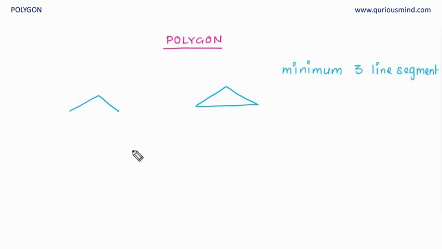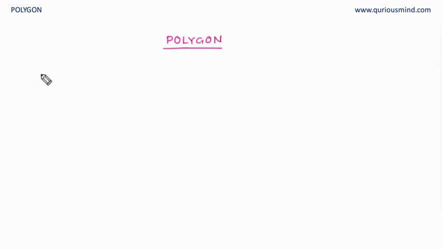So first, let's talk about the different elements of polygon. When we talk about polygons, we talk about three elements: sides, vertices, and angles.